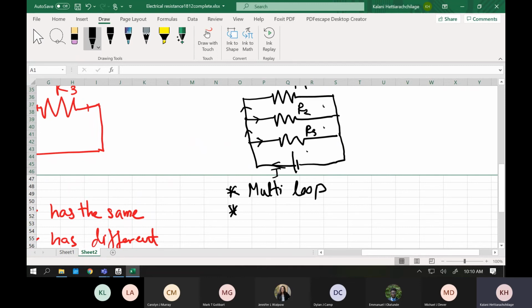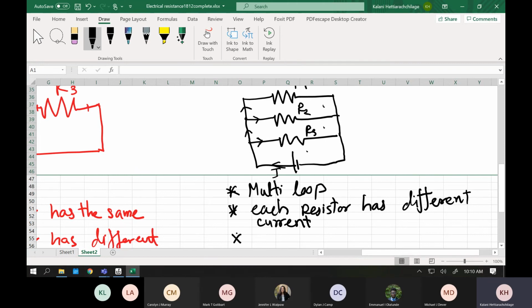Because of that, I need to say each resistor has a different current. If the resistors are the same, they will be the same, otherwise different current. It's exactly opposite from your series case, that's all.